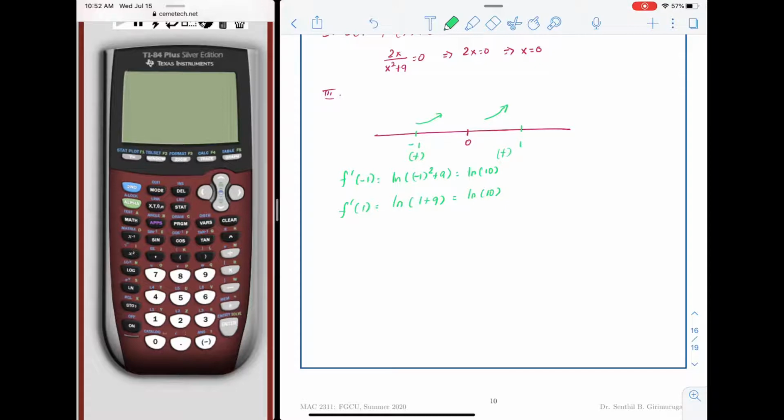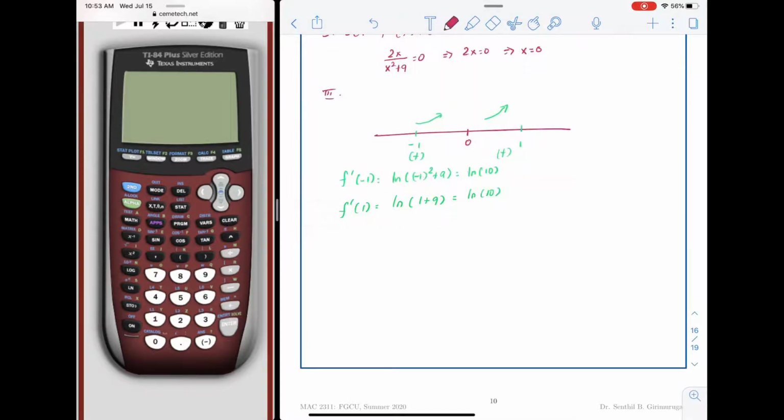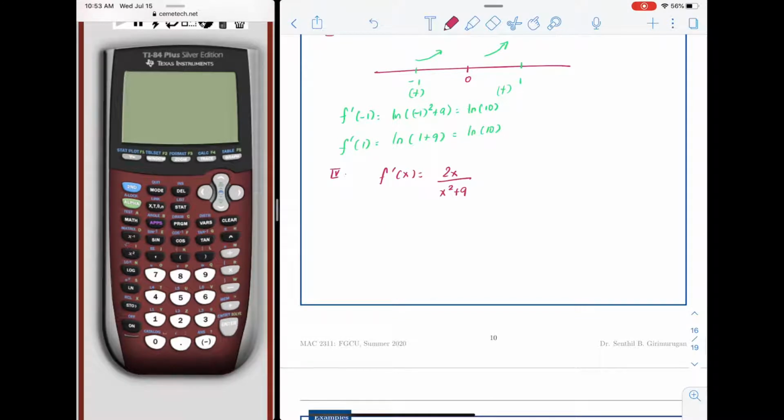Let's look at the second derivative to see what's happening with this function. So the first derivative is 2x over x squared plus 9. For the second derivative, we have to use the quotient rule. u is 2x, v is x squared plus 9, u prime is 2, v prime is 2x.